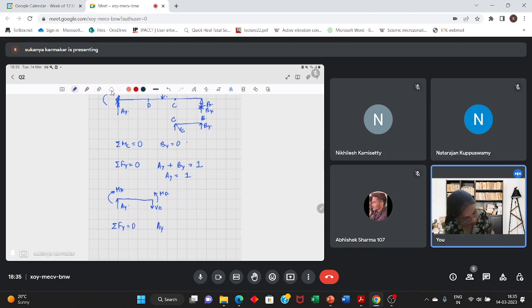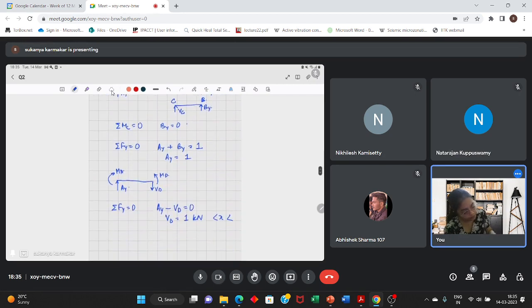So Ay minus Vd is equal to 0. So Vd is equal to 1 kilonewton, equal to Ay. So it is 1 kilonewton. And here, x varies from 8 to 12. Okay, now this is done.